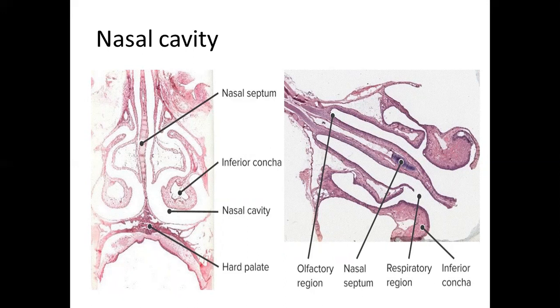It's dilated and known as the vestibule, and it's lined by thin skin which has vibrissae, short, stiff hairs that prevent larger dust particles from entering the nasal cavity.